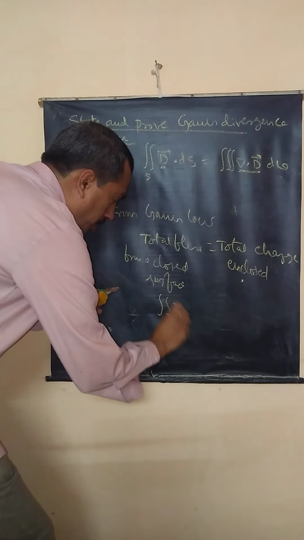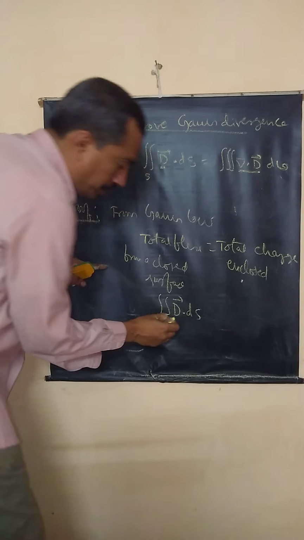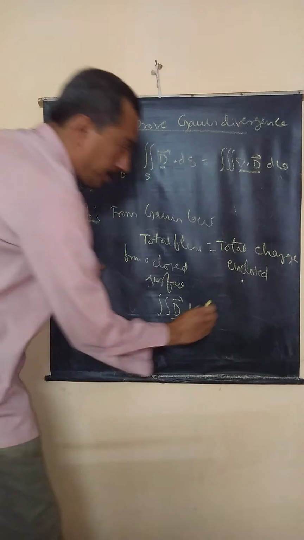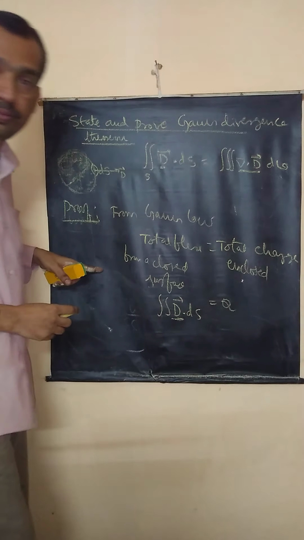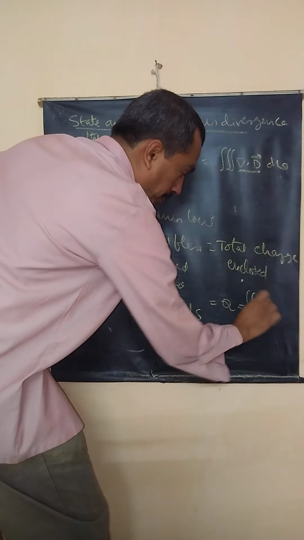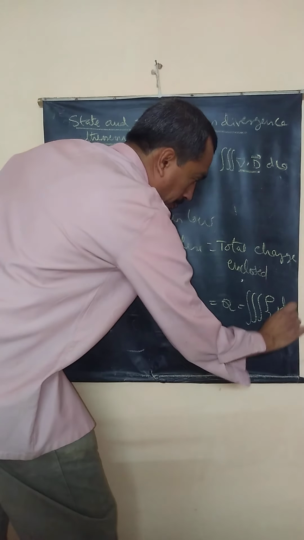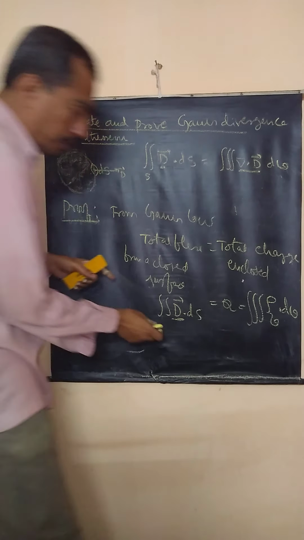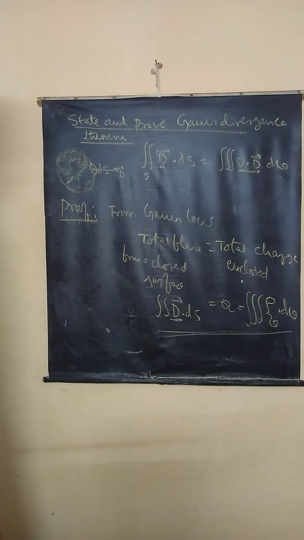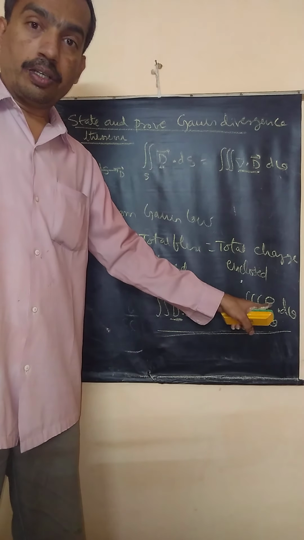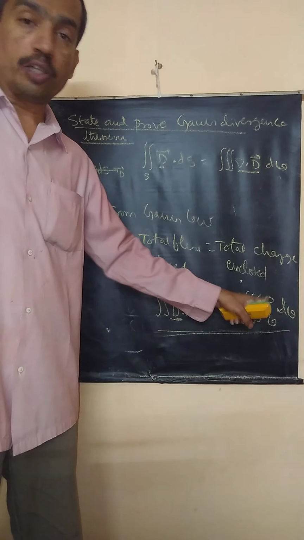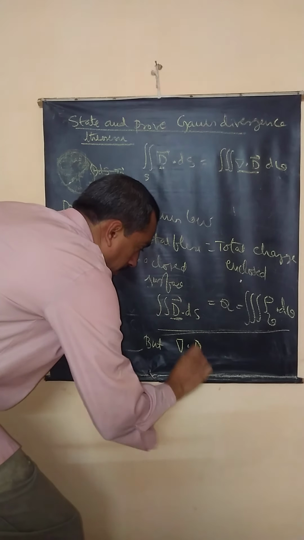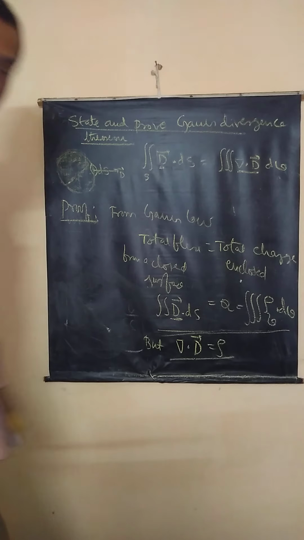Total flux is charge per unit area into total area. This is flux density. Charge per unit area into total area gives you total flux. Total charge enclosed is Q. This is also equal to, see here, charge per unit volume into total volume. Is it alright? See here, this is Gauss law. Now, in the right hand side here, I'll substitute from the differential form of Gauss law, del dot D. Okay, but see here, the differential form of Gauss law says del dot D is equal to rho.